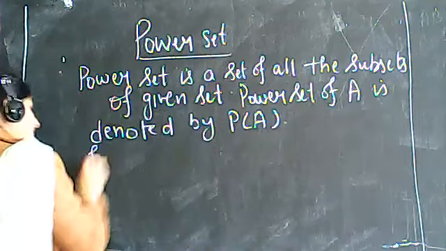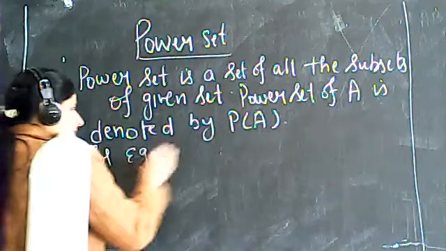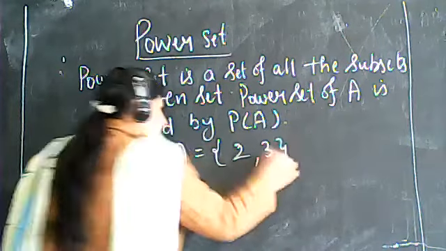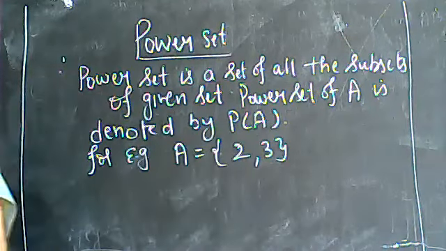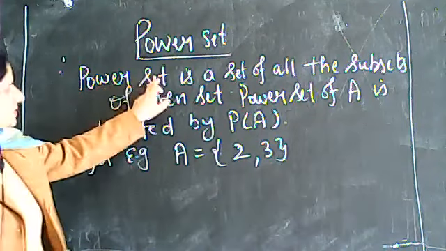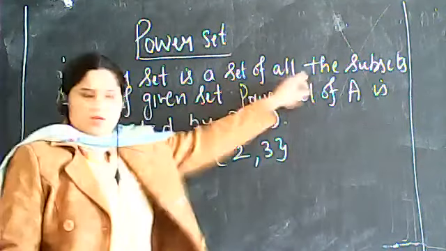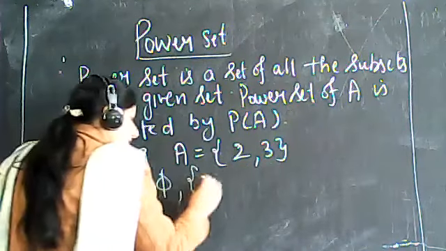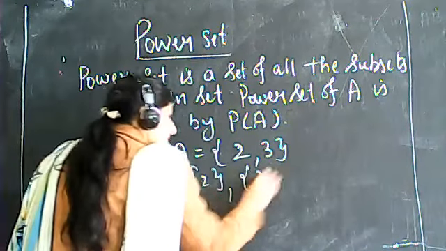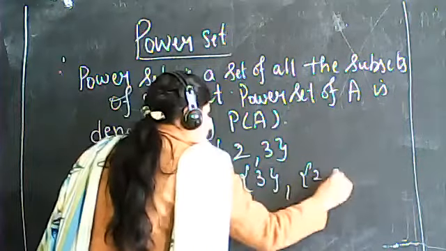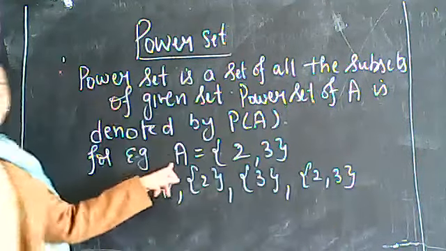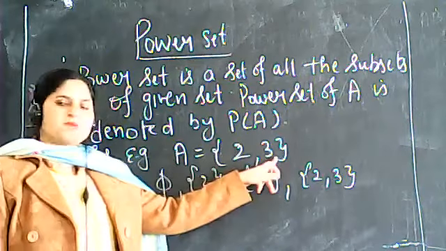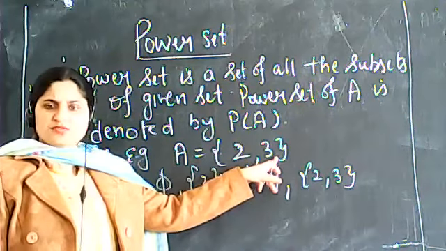For example, let us discuss this example to understand this definition. Suppose A is a set which consists of 2 elements. What is power set? It is the collection of subsets. So what will be the subsets of this set? The subsets are: singleton set 2, singleton set 3, and set 2, 3. Since A is a set which consists of only 2 elements, the number of subsets will be equal to 2 raised to power 2, which means 4.